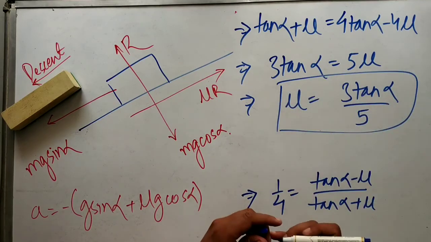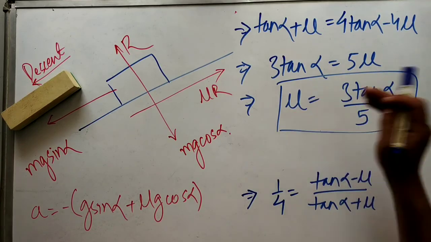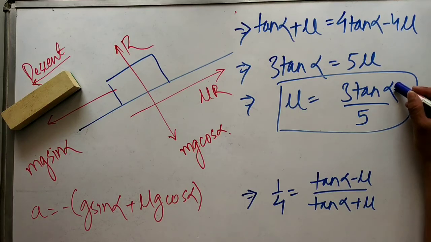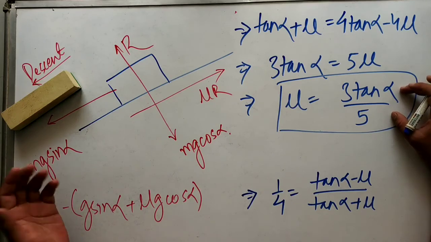We had to find the coefficient of friction and we have arrived at the coefficient of friction equal to 3 tan alpha divided by 5. Now simply put the value of alpha equal to 15 degrees in this equation and you'll get the value of mu. That's it.